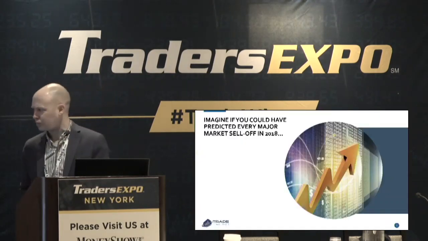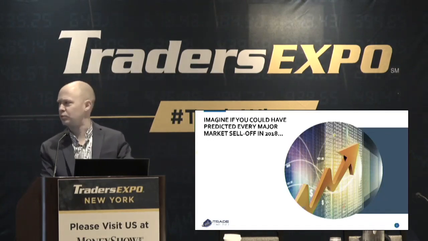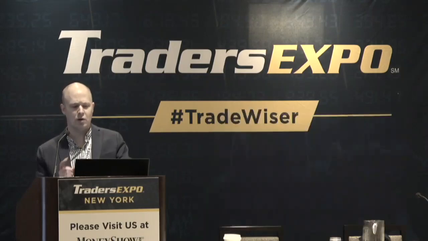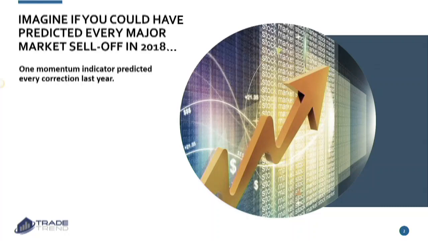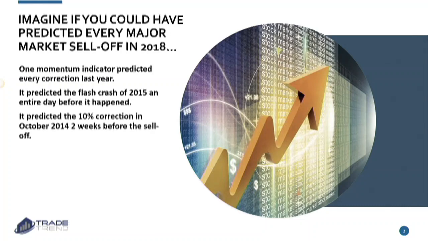Okay, so again, we're going to look specifically at the major sell-offs that took place in 2018 to start out. This one particular indicator that I'm going to show you, a lot of you have probably heard of it, you just may not know how to interpret it or use it to predict market movements. But it actually predicted the flash crash of 2015 an entire day before it happened. So it does give you good warning.